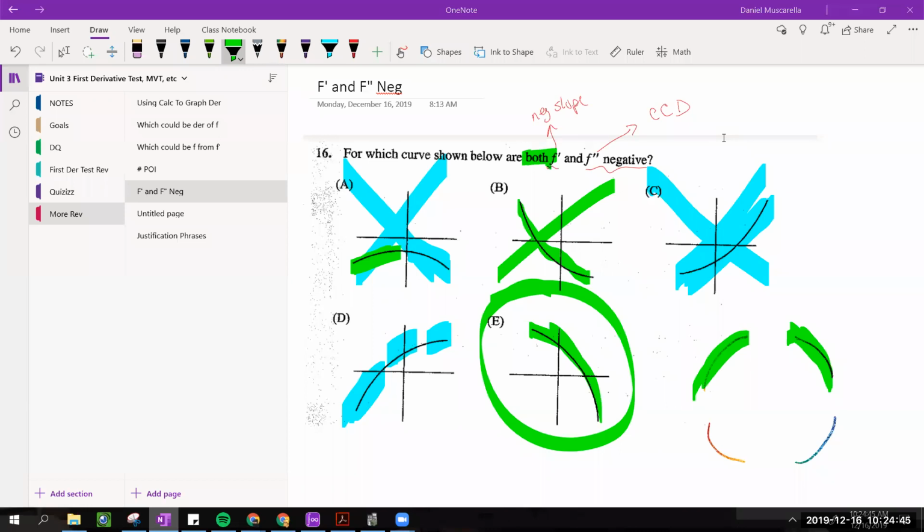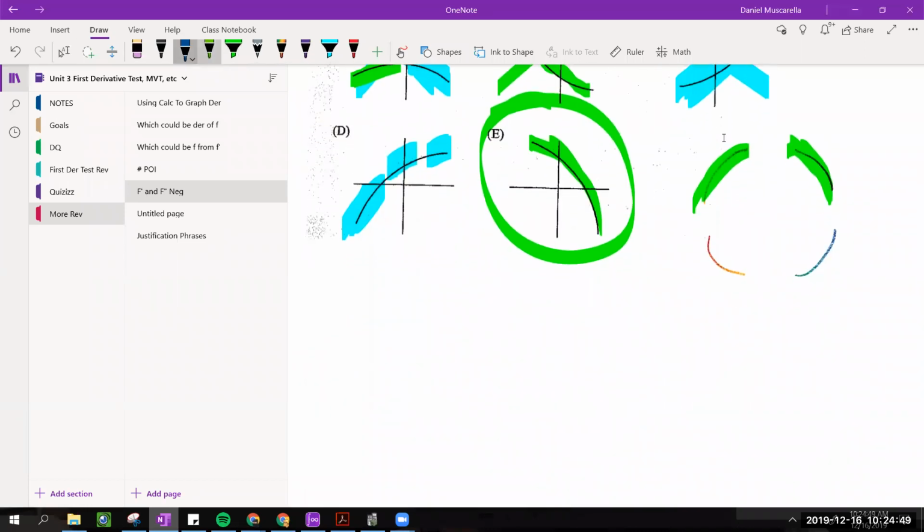Let me make one up real quickly. Say f prime of x was x times x minus 4. Then these would be your two critical values.